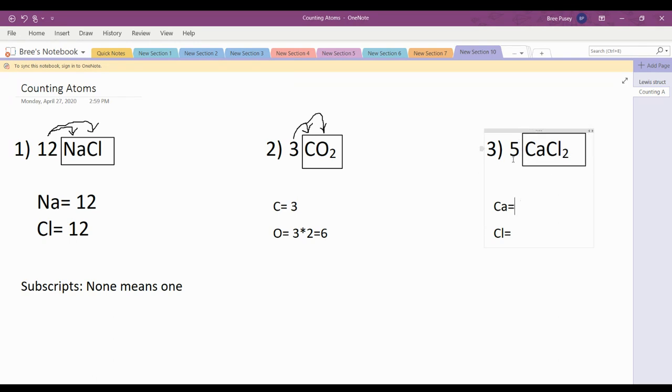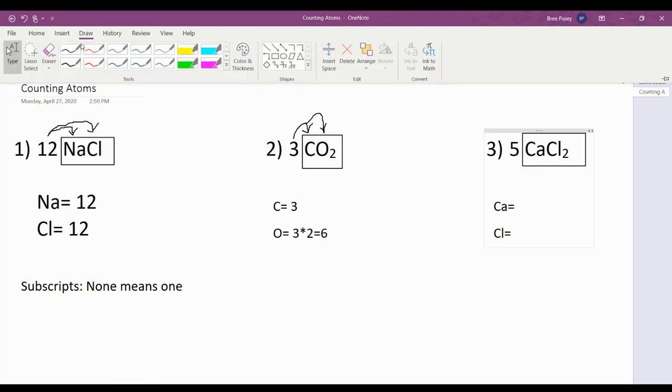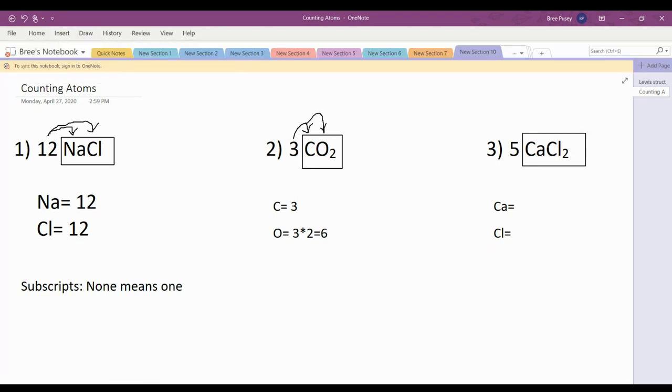And then we'll draw some arrows. This 5 is going to have to go to Ca, and it's going to have to go to Cl.